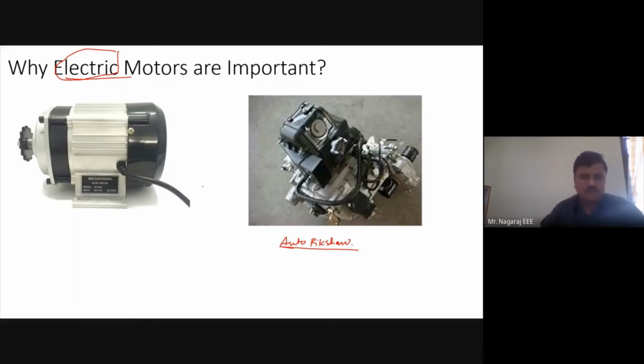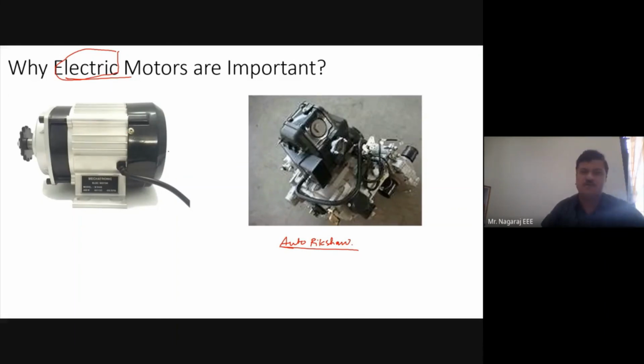So this is a very straightforward comparison of a motor with another machine giving the same type of mechanical output. An engine is also giving out rotational power. A motor is also giving out rotational power. So why are electric motors important? Because electric motors operate on electricity, and electricity today is available everywhere.